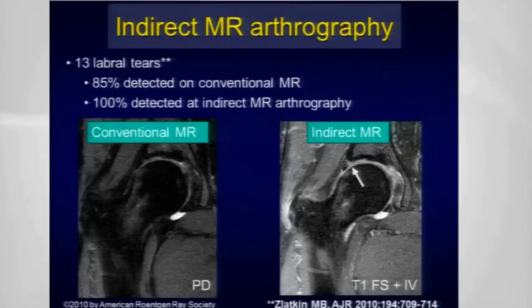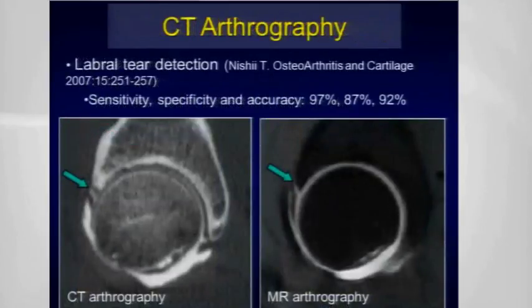You perform an intravenous injection of gadolinium, then exercise these patients. Some centers are doing this; we currently are not. In the study by Zlatkin and colleagues, they had 13 labral tears. Of these, 100% were detected on indirect MR arthrography, and only 85% were detected on conventional MR imaging. However, they did not compare that to MR arthrography in the direct form.